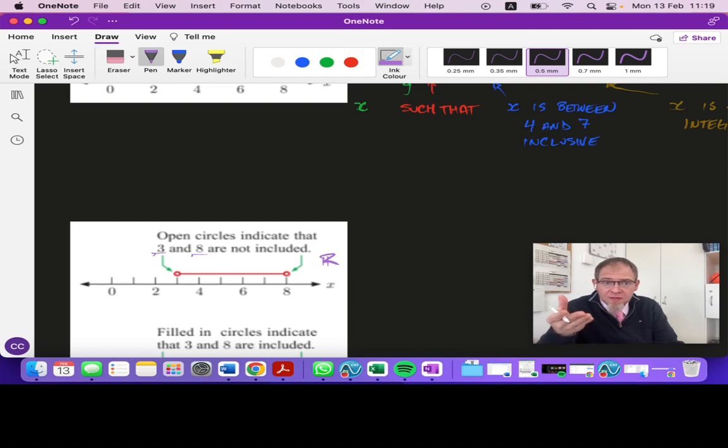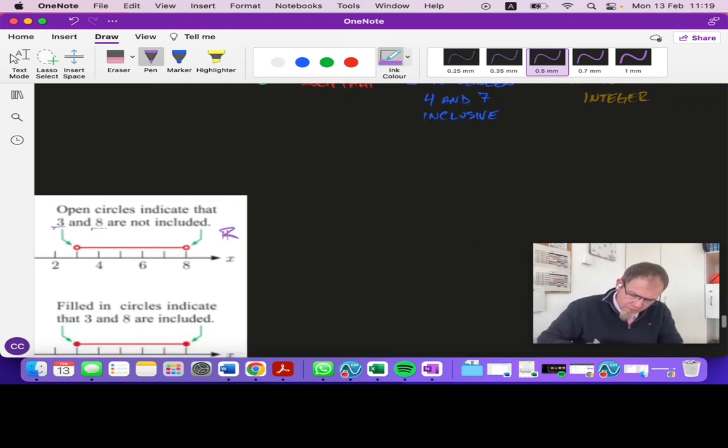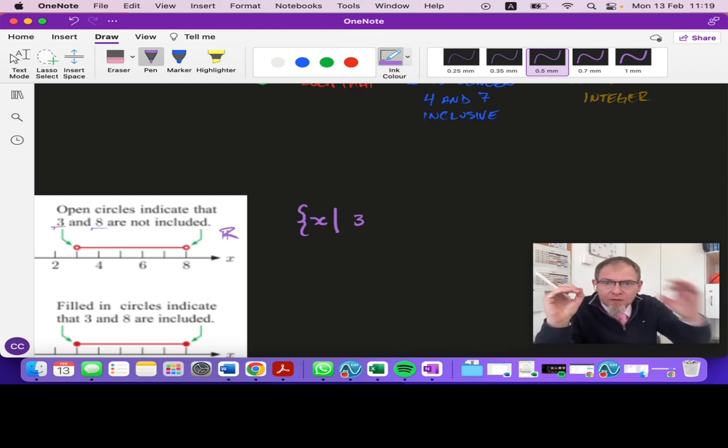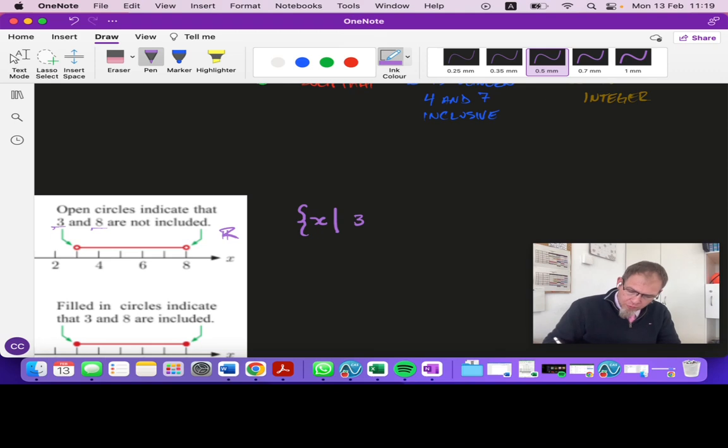So if I was going to define this in set builder notation, I would define this one as open brace x such that, well, the smallest number I see is 3, and you can see that little notation on there. It says that an open circle means that it's not included. So 3 isn't included, which means that it's going to be just the strictly greater than symbol.